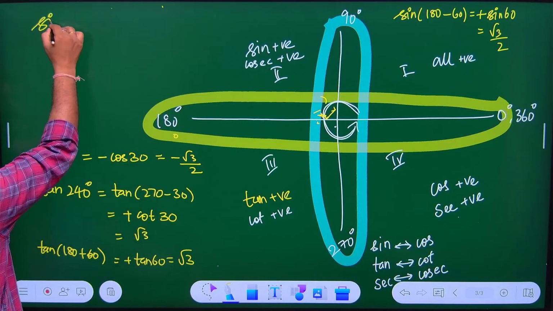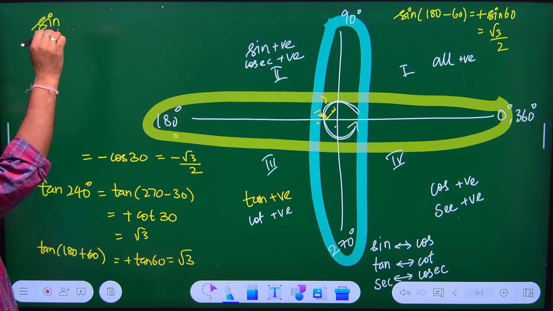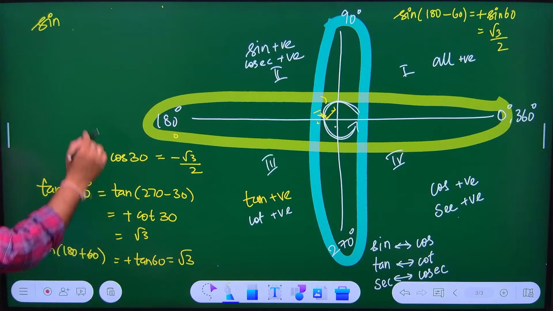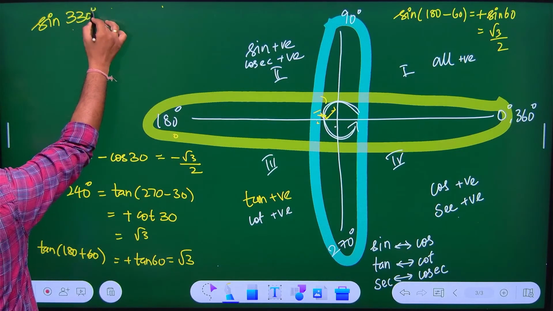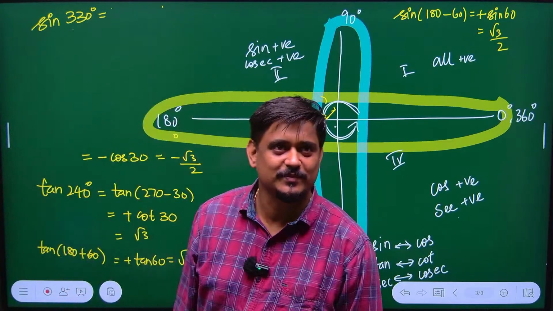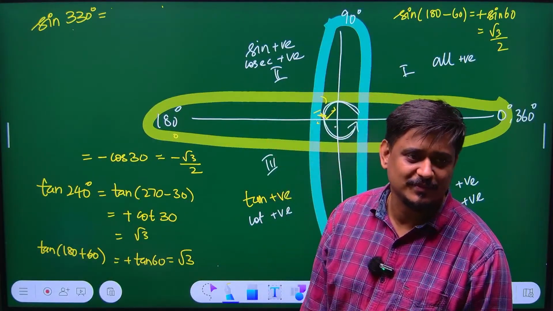What is sine 330 degree? First you break it.